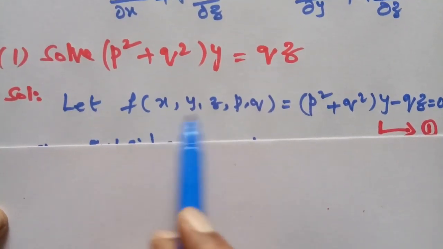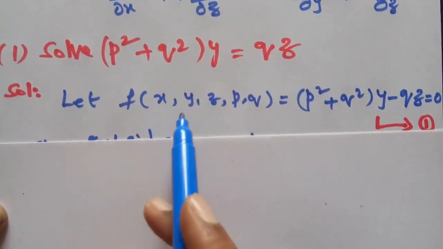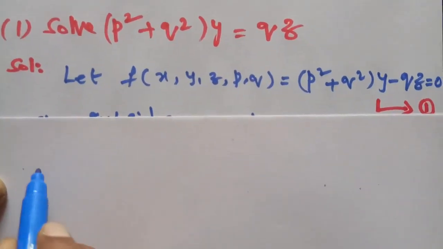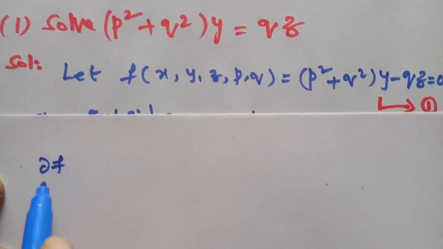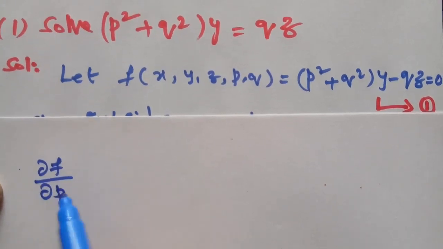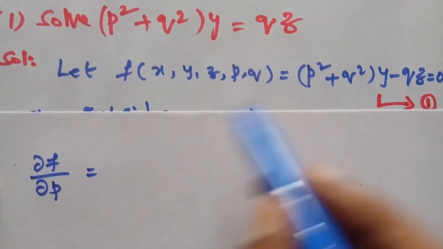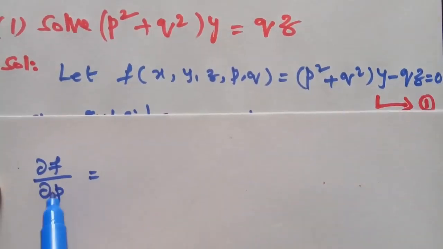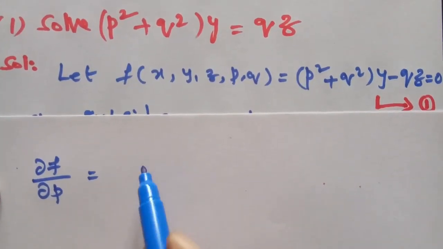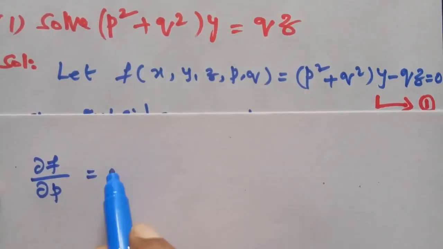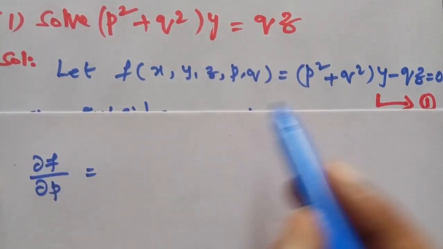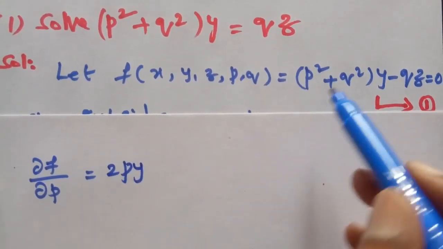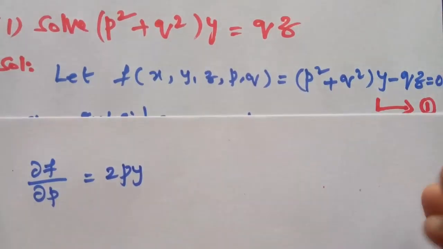Now partially differentiating equation 1 with respect to x, y, z, p and q. First, ∂f by ∂p, partially differentiating f with respect to p, keeping other variables constant. Here p square derivative is 2p into y, and q square is a constant, therefore 0.